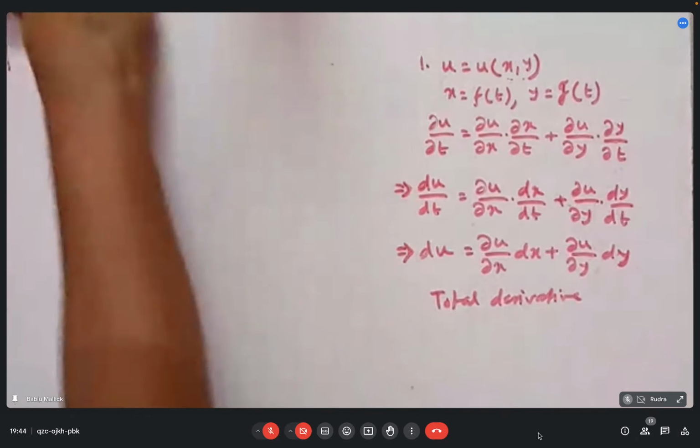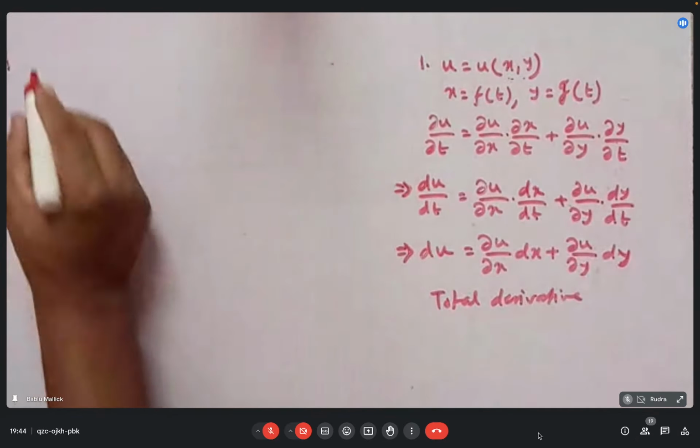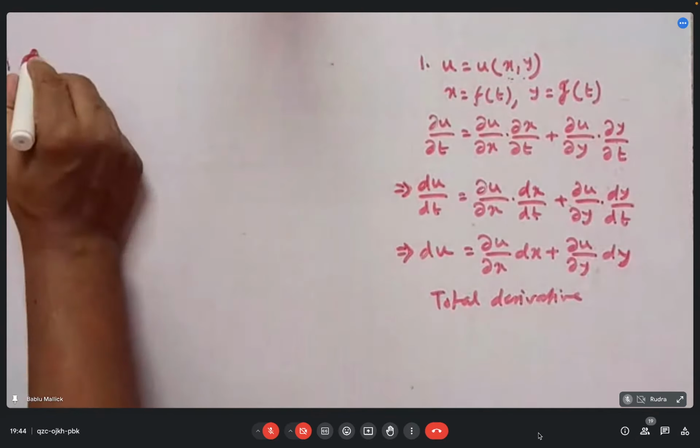Number 2, second is, suppose u is a function of x and y, and x is a function of another two variables u and v, and y is a function of two variables u and v.